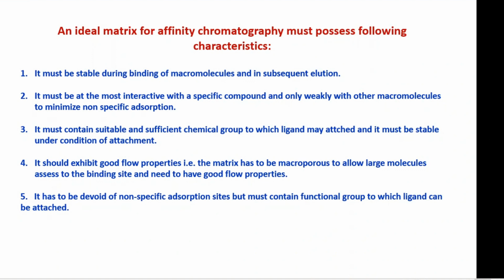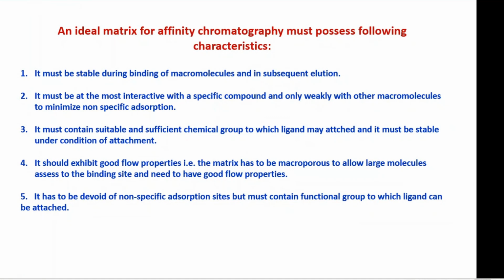So you have to be very sure that when you are selecting the sample for separation, the matrix molecule does not have any non-specific interaction, or cross interactions, with the sample molecules which we are going to allow to pass through.